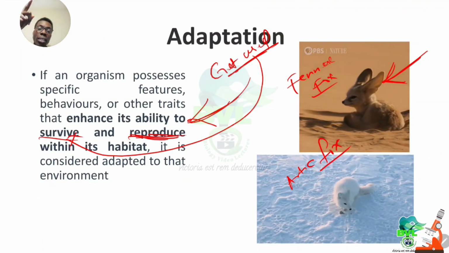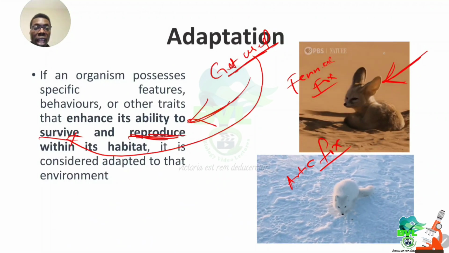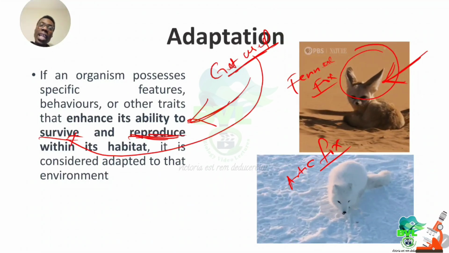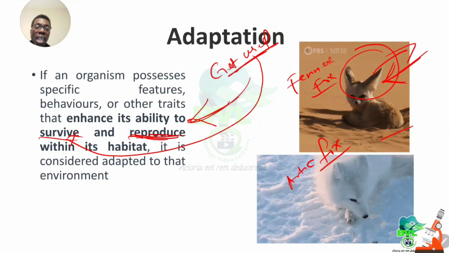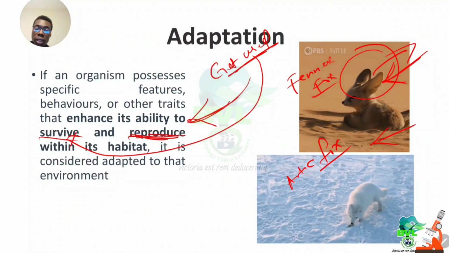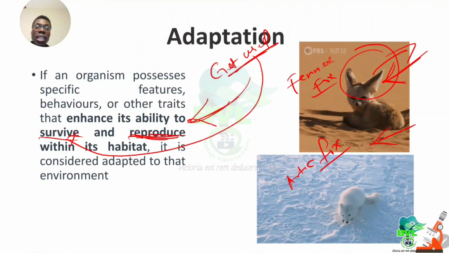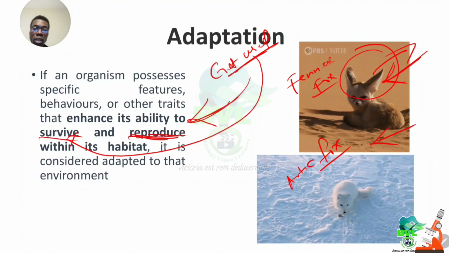And there's a reason for that. The bigger the ear, the more you lose heat. So this organism has a longer ear, which allows it to lose more heat. Why does it have to lose heat? Because it lives in a dry place where the environment is hot. So it uses the longer pinna to lose heat to the environment.